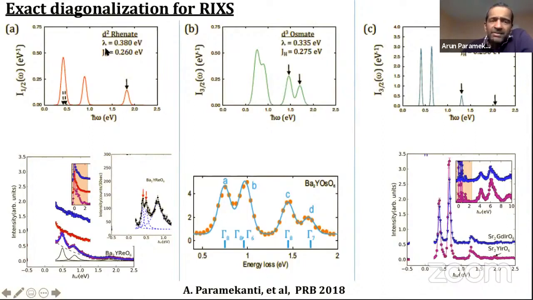With parameters which are similar across these different systems. So it's about 0.35, 0.4 eV for the spin orbit coupling and somewhat smaller for the Hund's coupling. And with that, you can reproduce all these things.